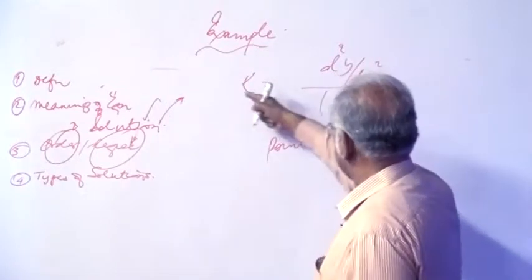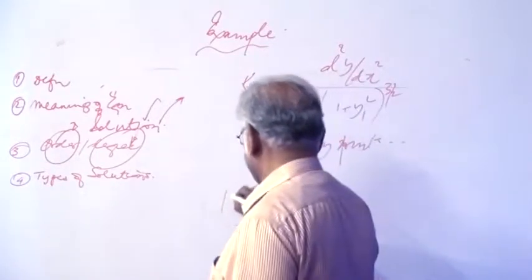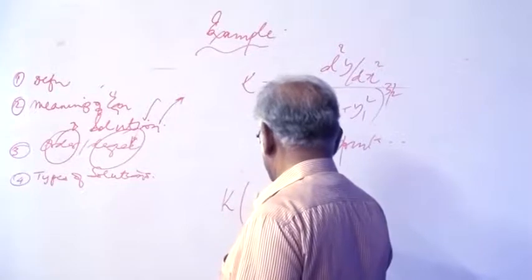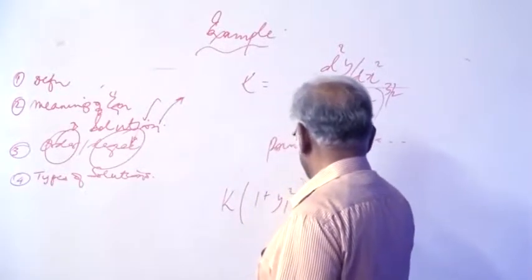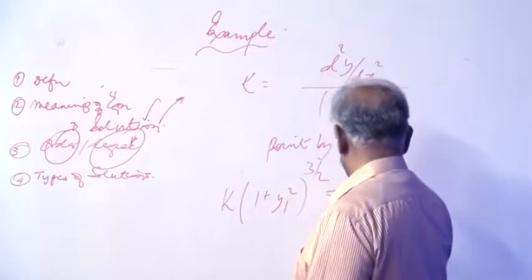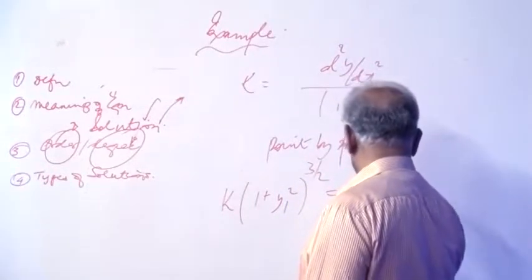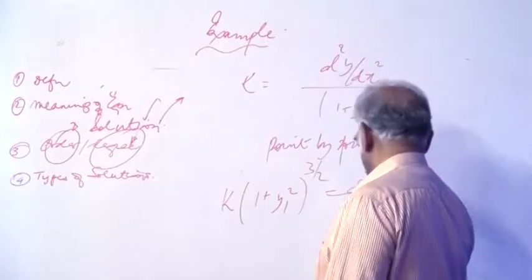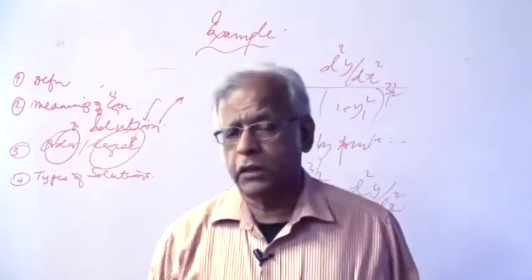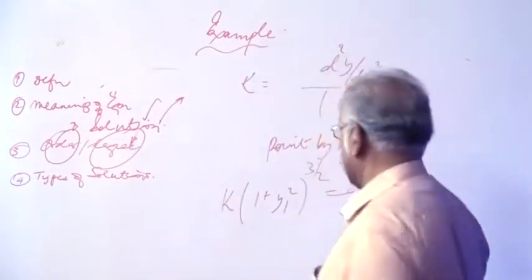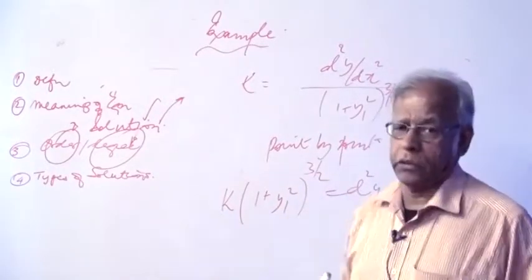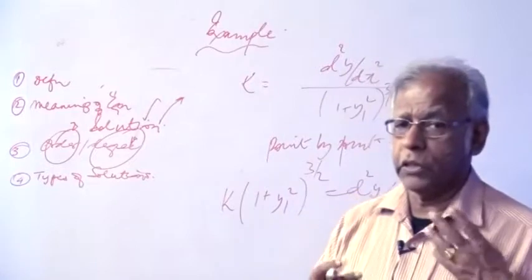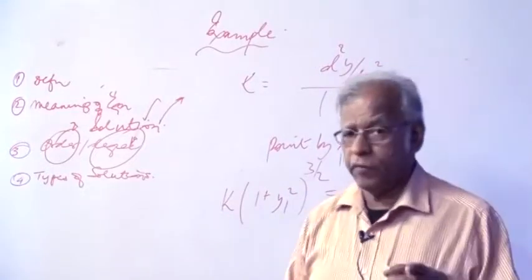Now, if we simplify this, we can write k times (1 plus y1 square) to the power of 3 by 2 is d2y/dx2. If care is not exercised, then one comes to the conclusion that this is a second order first degree equation, which is not true because we just said that it has to be bereft of radicals.